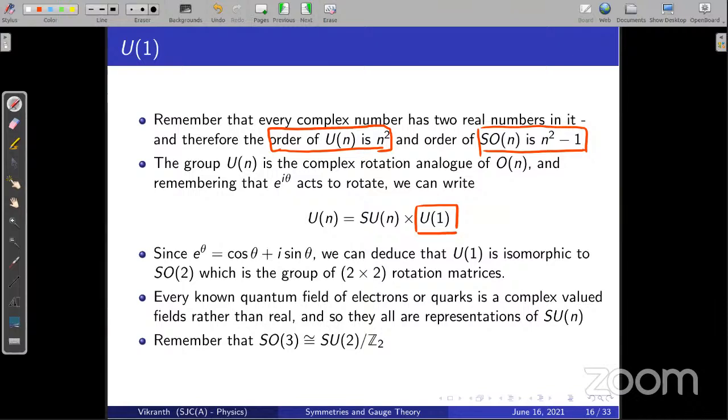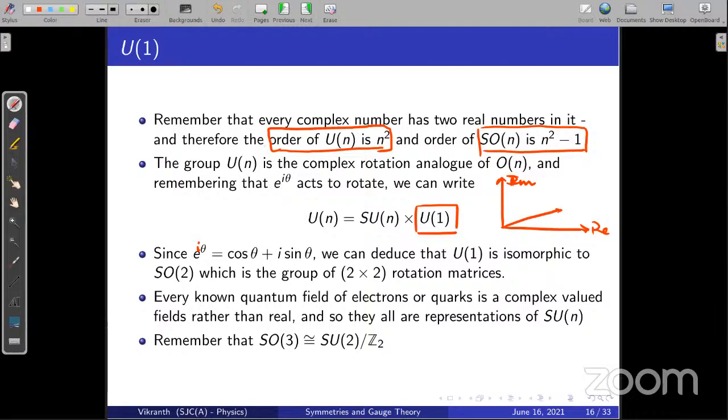Now, I will try to briefly explain what exactly is happening here. In our complex space, we have the imaginary axis here and the real axis here. Let's say we have some complex number represented as so. Now, this should be i theta. That's a typo there. Sorry about that.